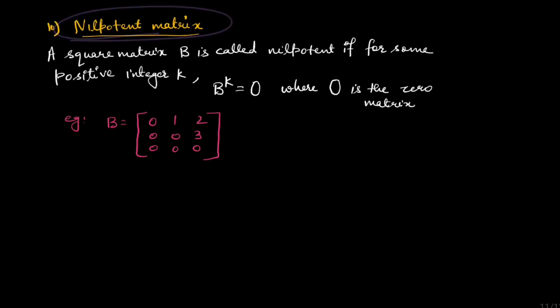Now the last special type for this lecture is the nilpotent matrix. This is also frequently asked in competitive exams of mathematics. So the nilpotent matrix says what?